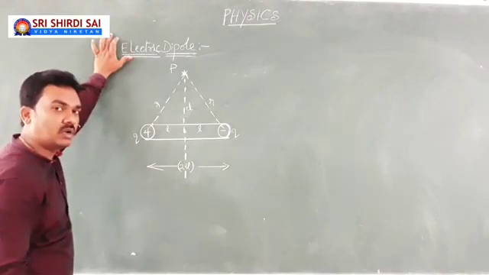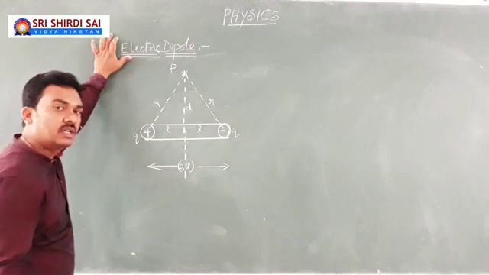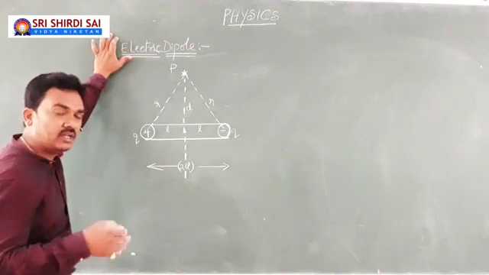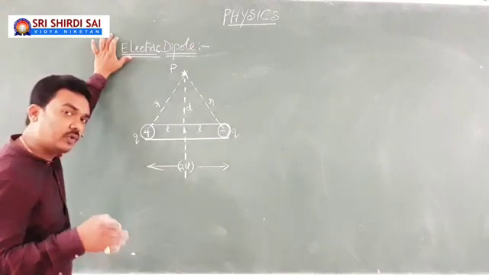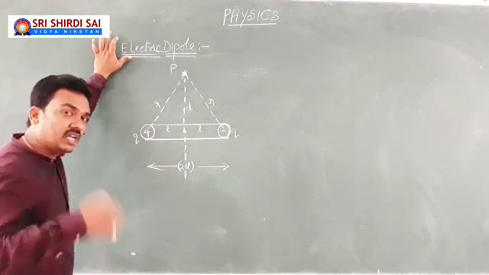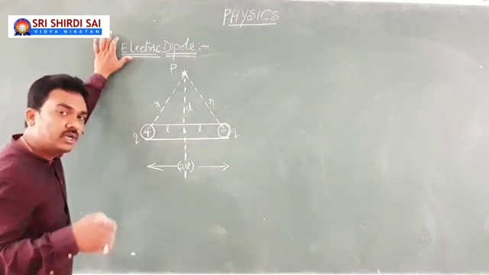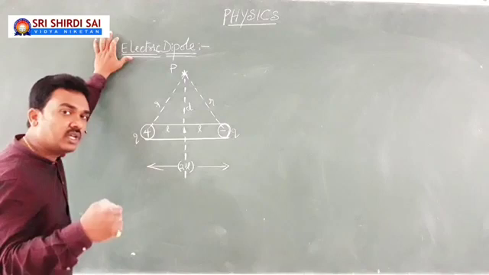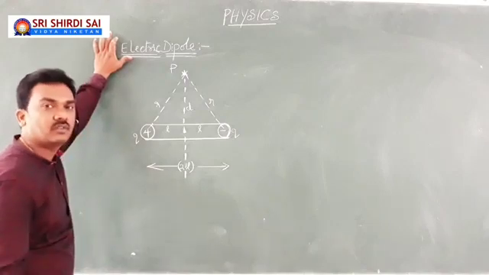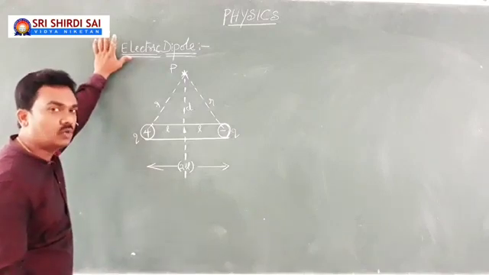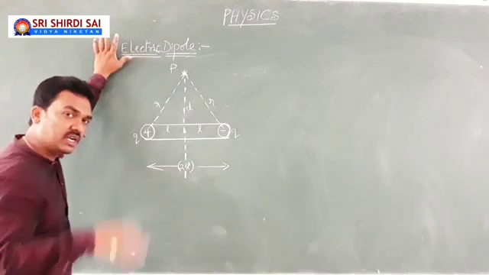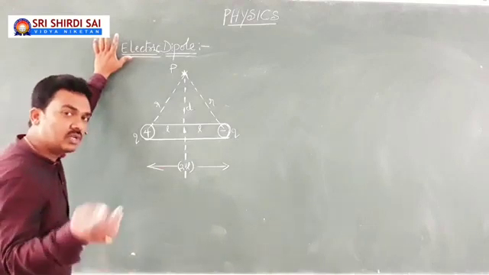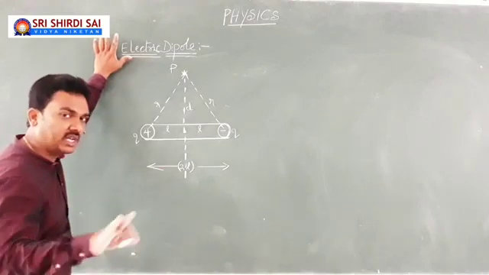Earlier I have explained using the concept of force. Even we can explain using the concept of field intensity due to a point charge, which you have learnt already. So two methods are there.